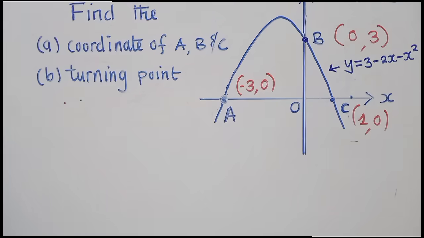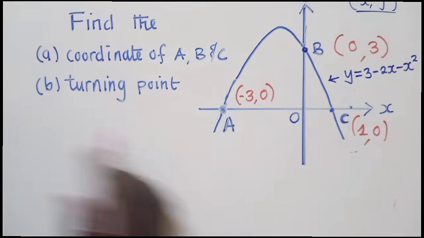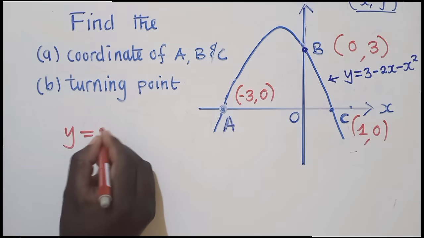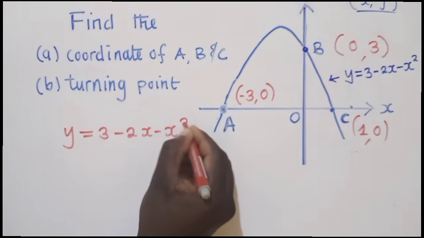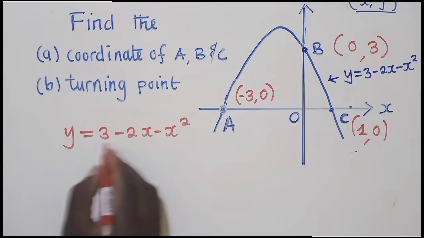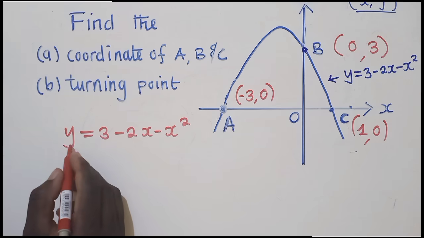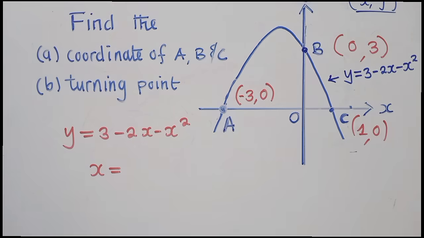Question B, they are saying find the turning point. So the turning point will still rely on this. So y is equal to 3 minus 2x minus x power a 2. So from this point, we shall say x is equal to, okay?